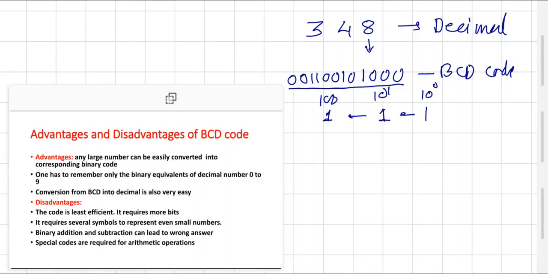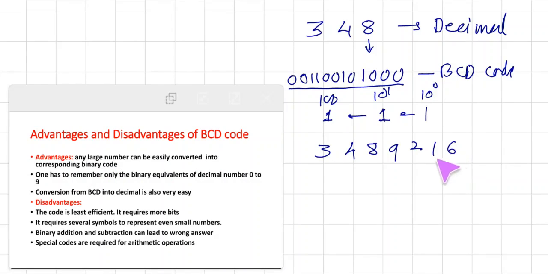So let us see what are the advantages and disadvantages of this binary code. The advantage is, first, any large number can be easily converted into the corresponding binary code. So if you are given 3 4 8 9 2 1 6, and you are asked to convert this decimal number into the corresponding binary code, it is very easy, because we have to remember only the binary codes of 0 through 9, total 10 digits.